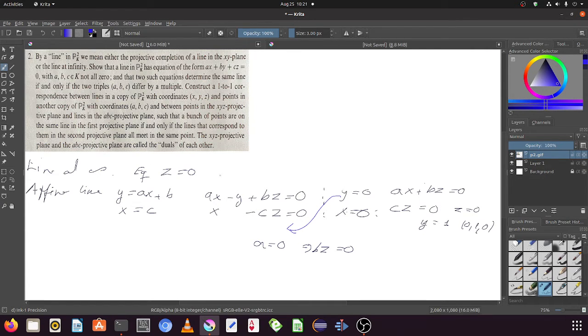So 1, a, 0, that's the point at infinity. So we should put a equal to, and then set x equal to 1.